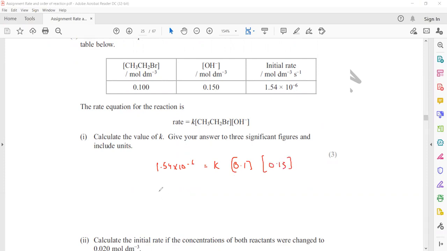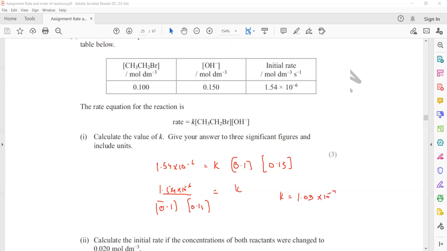This is multiplied, so on the other side we divide: 1.54 into 10 to the power minus 6 divided by 0.1 into 0.15. So this will give us the value of K, which is 1.03 into 10 to the power minus 4.